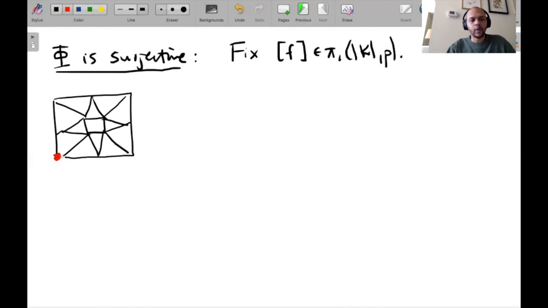What we're given is just some loop. It doesn't respect the simplicial structure at all. So this is our F.